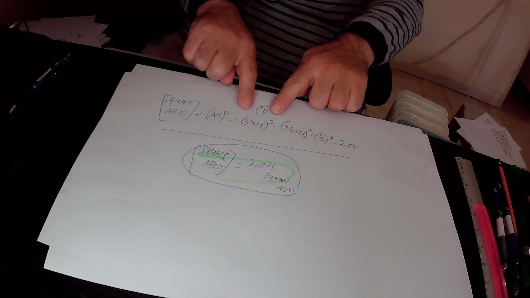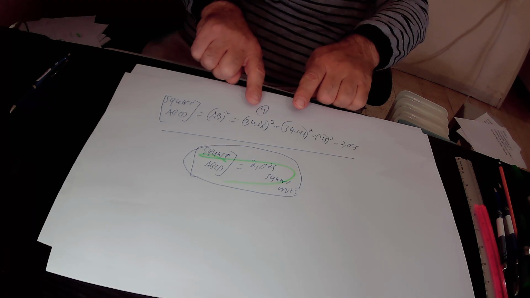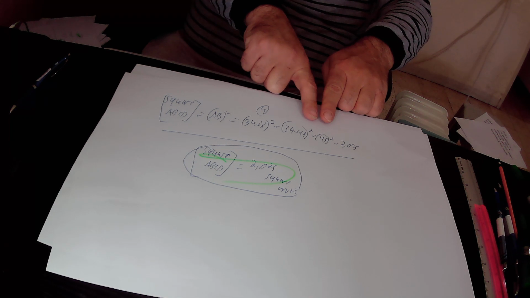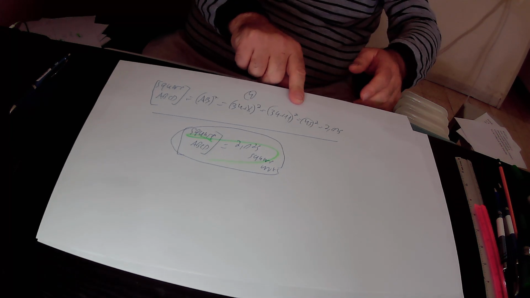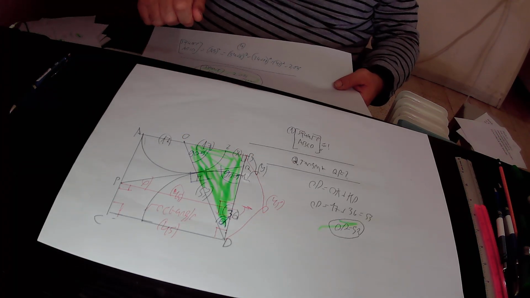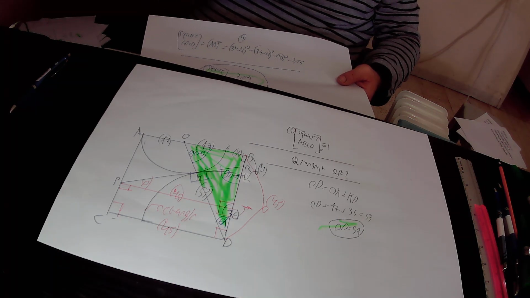But x is 11, so 34 plus 11 is 45, so it is 45 squared. 45 squared is 2025. So in total, the area of square ABCD equals 2025 square units. So we finish answering the first part of this question.